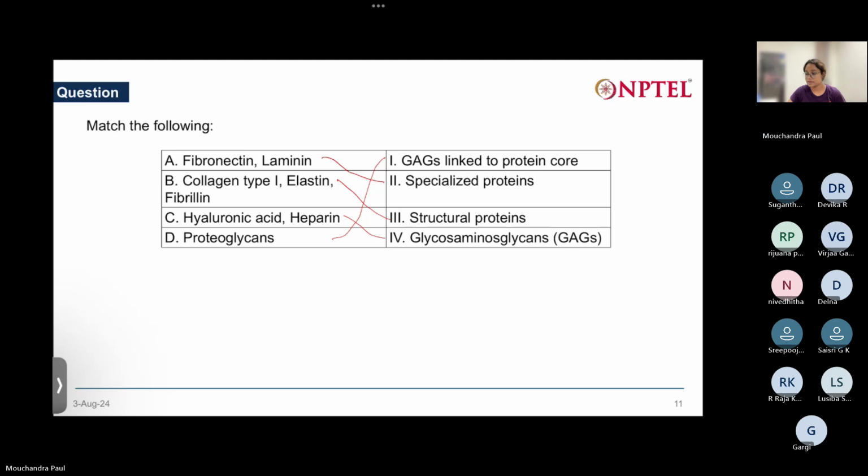Okay, so I hope it makes sense, and it will help you better understand why each of these components is needed in an ECM. So in future, if you want to create a tissue artificially, you should know what material to add so that the property coming from that particular ECM component can be mimicked.